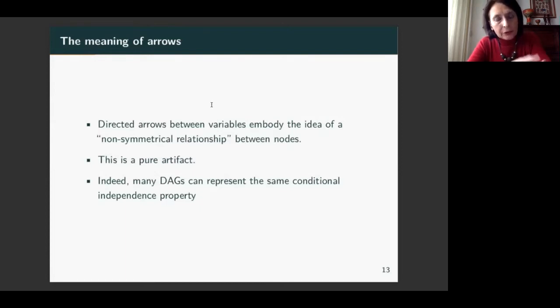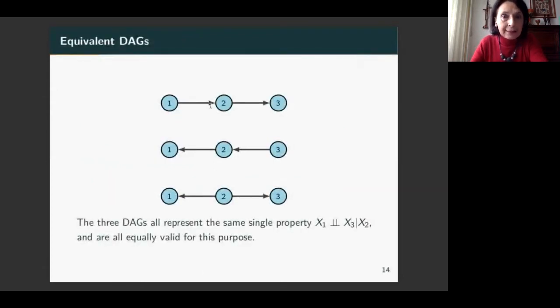Although arrows play, of course, a role in the formal syntax of the model, they do not find any direct counterpart in the real world. So they only contribute partially to the interpretation of the model. And indeed, there are many DAGs that represent the same set of conditional independencies. For example, here, these 3 DAGs all represent our running conditional independence, and they are equivalently good for this purpose. And indeed, they are called equivalent DAGs.